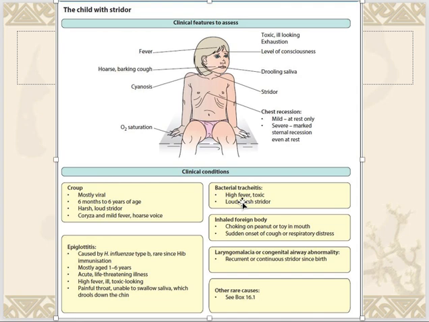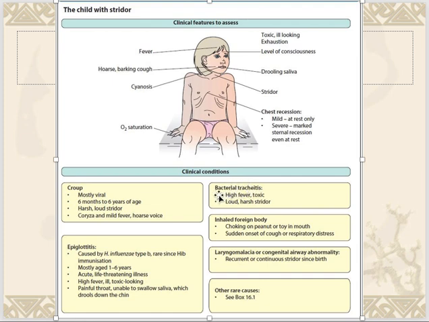Bacterial tracheitis. Now see, croup is basically subglottic laryngitis. This one is supraglottic laryngitis. Bacterial tracheitis is subglottic. Bacterial tracheitis is rare, and it can affect any age group.